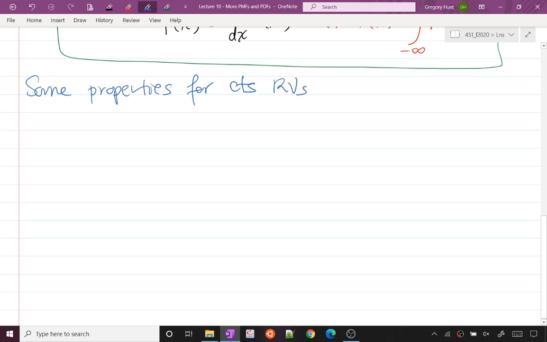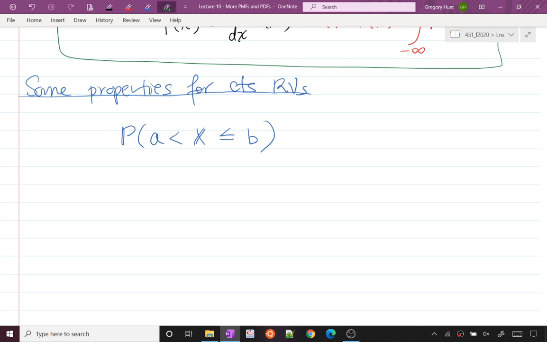For all random variables, we had made this claim that if I wanted to look at the probability that my random variable was in some interval a to b, and we're going to be very specific in general, that is x is less than or equal to b, but greater than a.